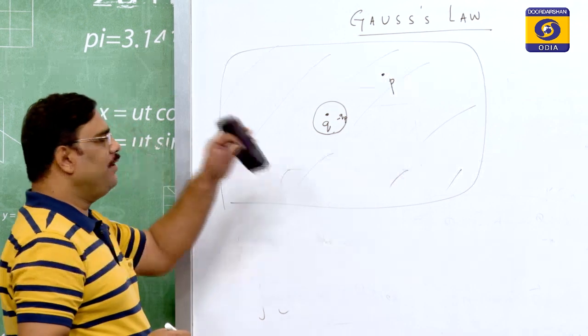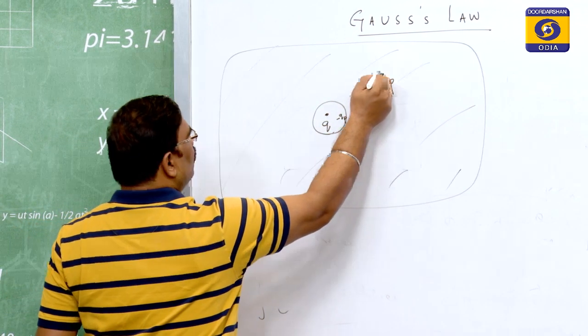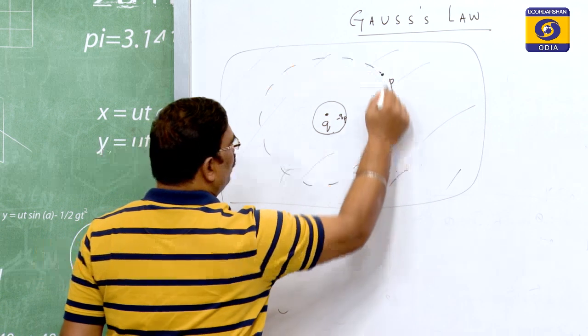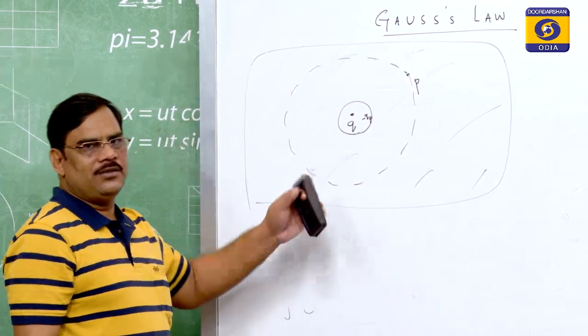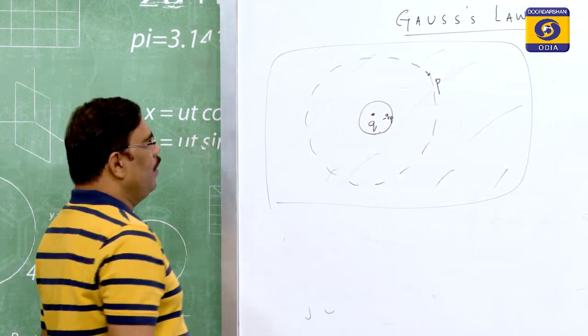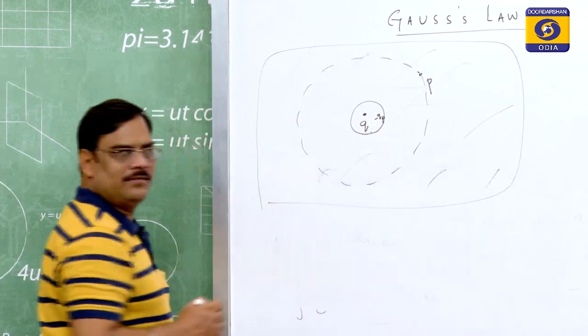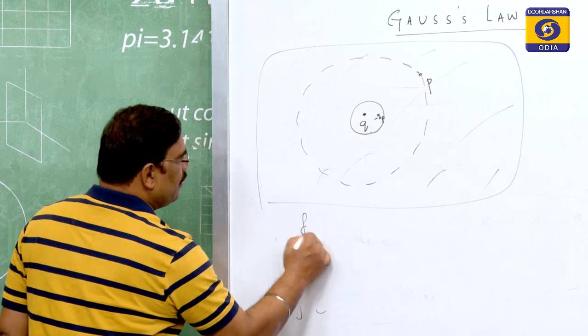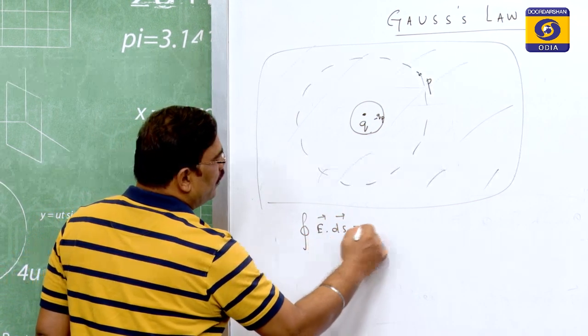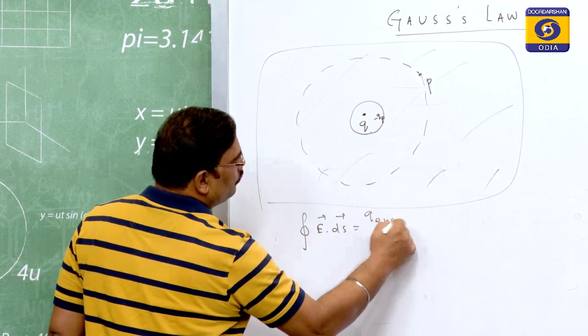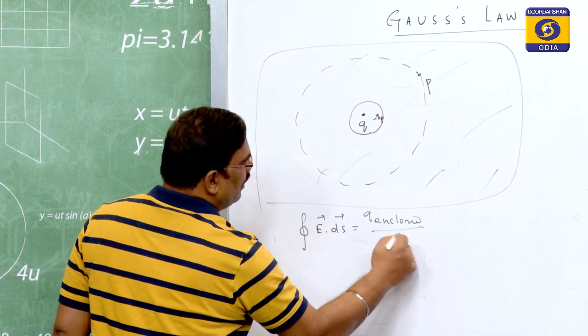To find the electric field at P, to use Gauss law, it can be of two types. We can use the Gauss law of the first kind, we can use the Gauss law of the second kind. Using the Gauss law of first kind, we can write integration E dot ds equal to Q enclosed divided by epsilon 0.